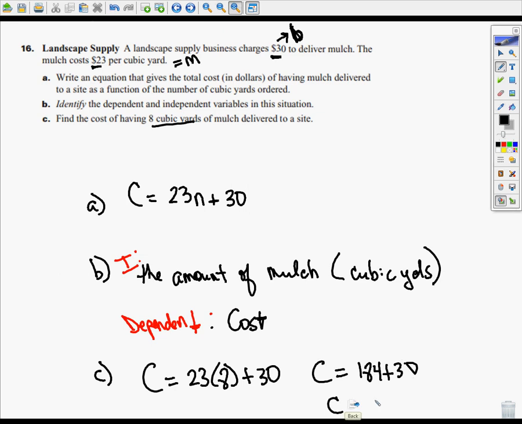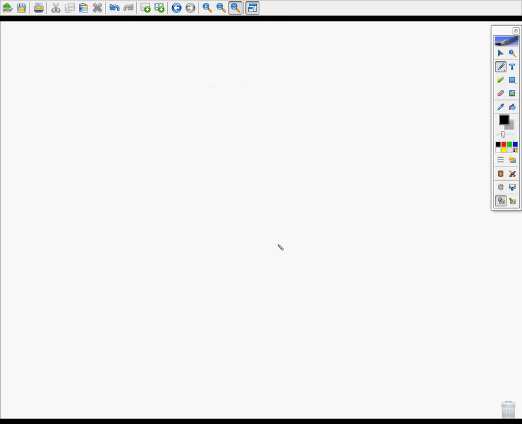So my cost is $214. 184 plus 30. So $214. And that is it.